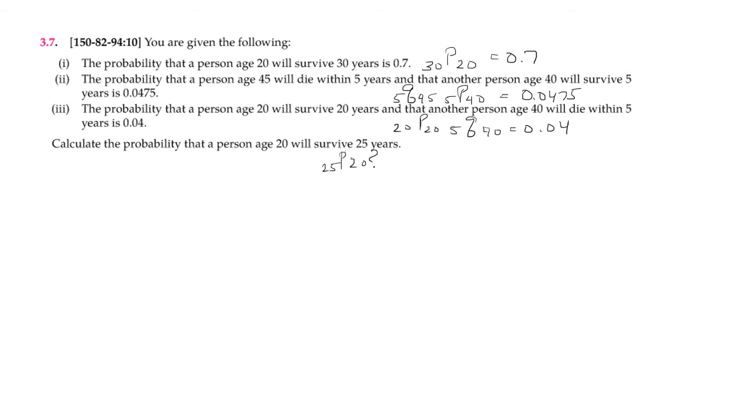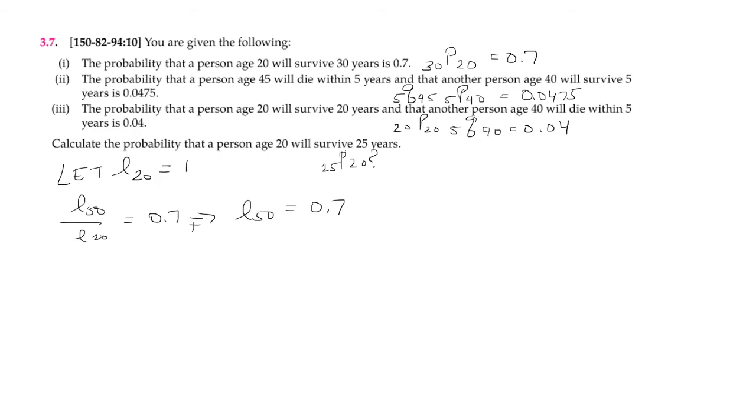What we're going to start with is letting L of 20, the population at age 20, be 1. Starting with the first bullet point, we have L50 over L20 is equal to 0.7. And since L of 20 is 1, that implies that there are 0.7 people left at time 50.